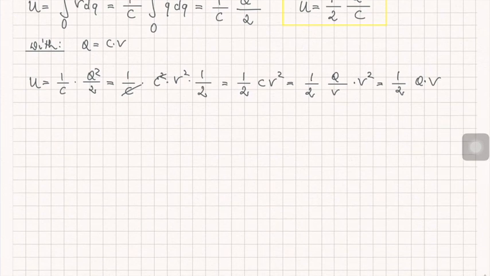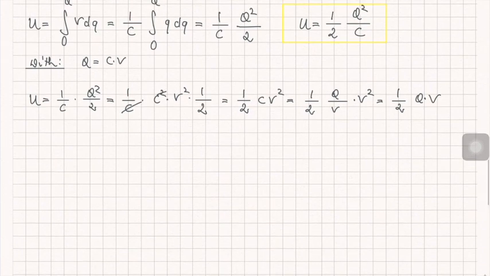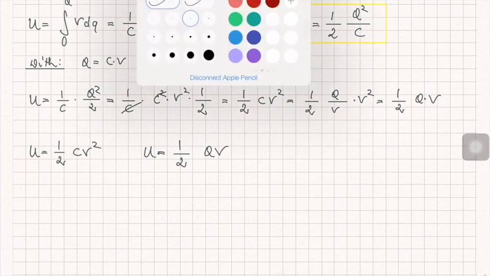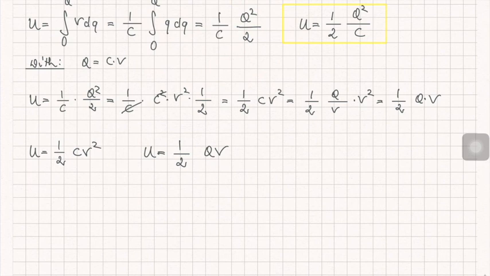Alright, so here's another important result that I want to box here, namely writing U as 1/2 CV squared, or writing U also as 1/2 QV. Okay? Alright, so let me box these important results here right now.